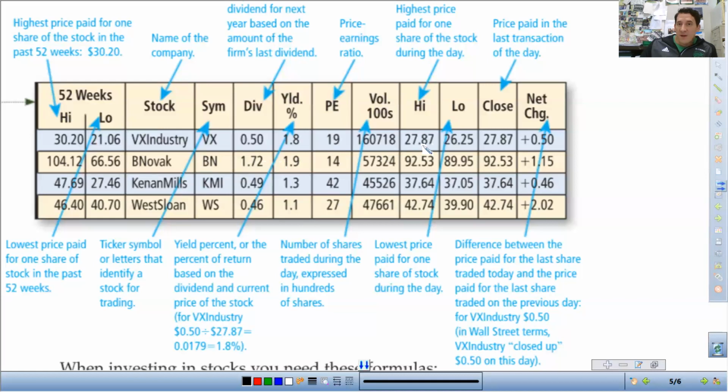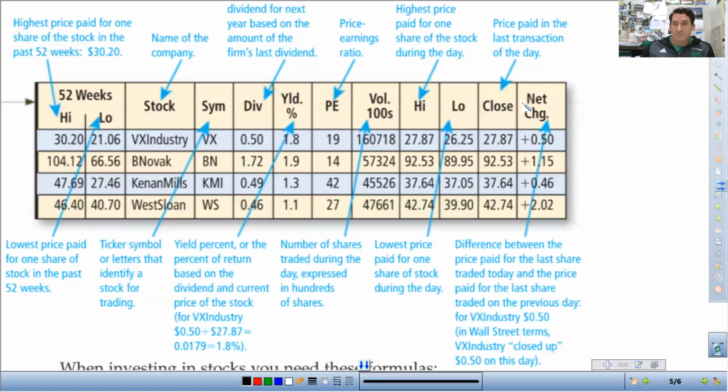The other thing you want to look at is the net change. This net change is based just from day to day, and the net change is based on the closing price, or I should say the starting price of one day compared to the closing price.